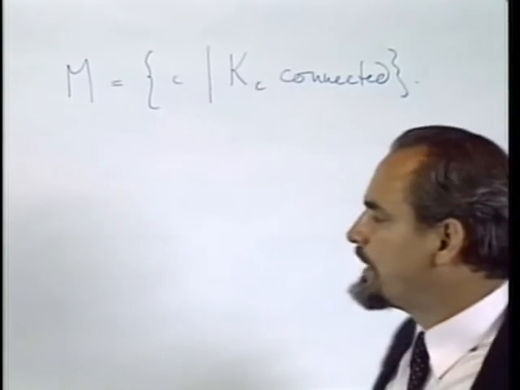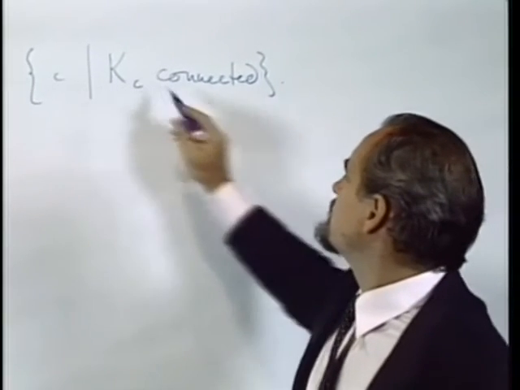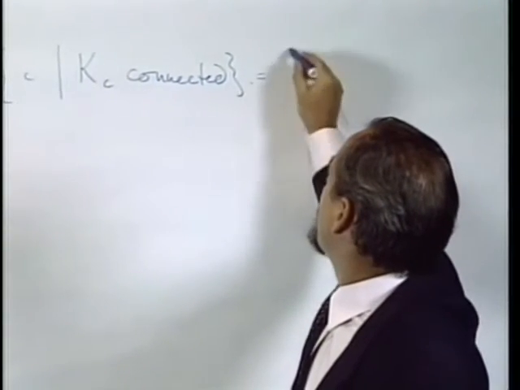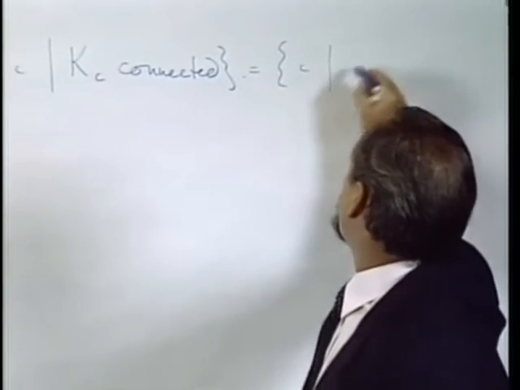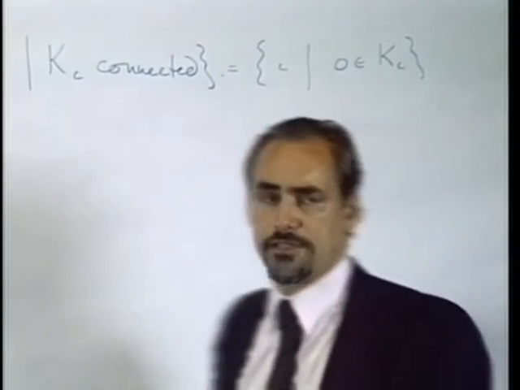And because there was another description of this set, namely that it is the same as the set of c such that 0 is in Kc, it is actually quite easy to draw this set.